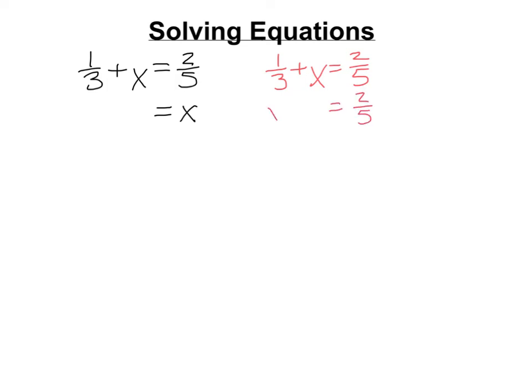That means that x and 1/3 trade places. In subtraction, I know that the sum becomes the minuend. So that means that for my next two problems, I'm going to have 2/5 minus something.